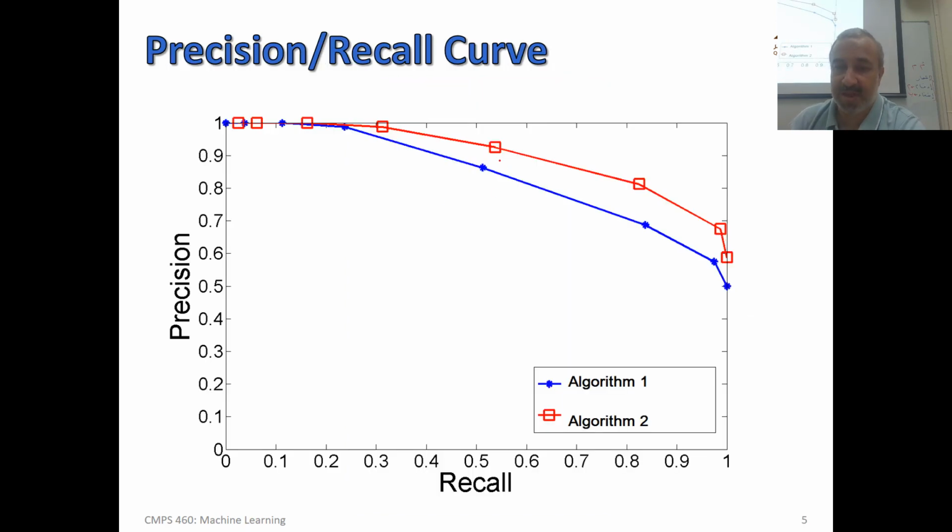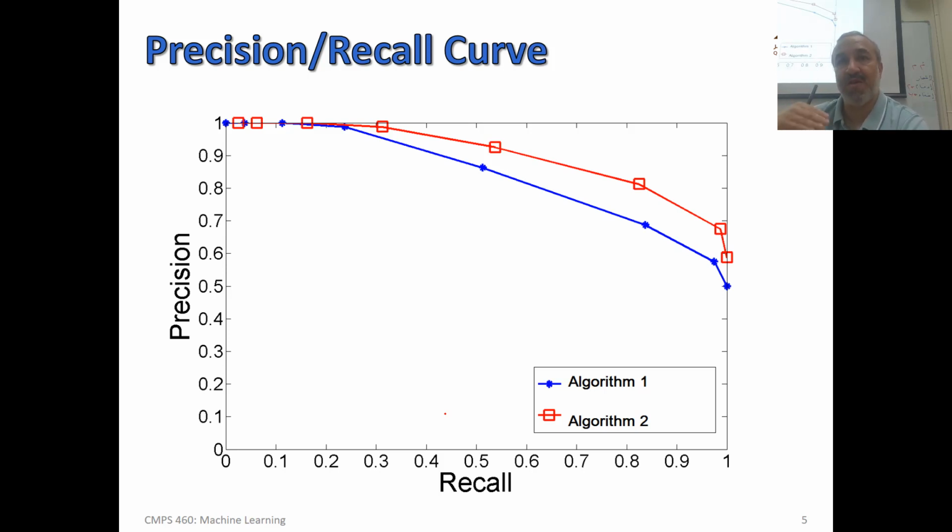So let's forget about the red curve for now. Let's look at the blue curve. This is again recall versus precision. But I think now we understand how we got this plot. Every point on that curve represents a specific threshold of the score.